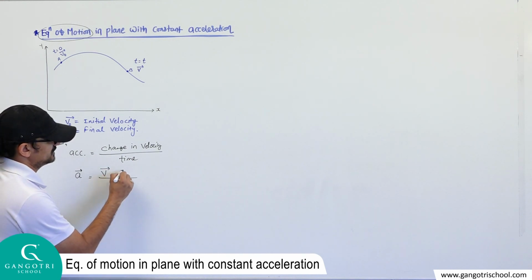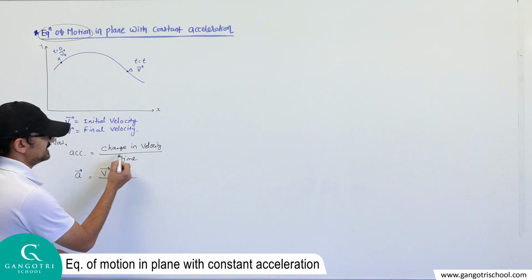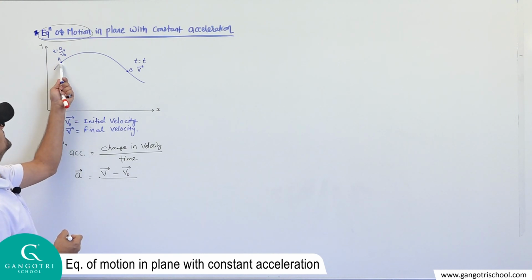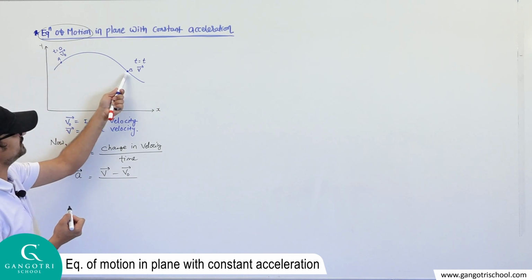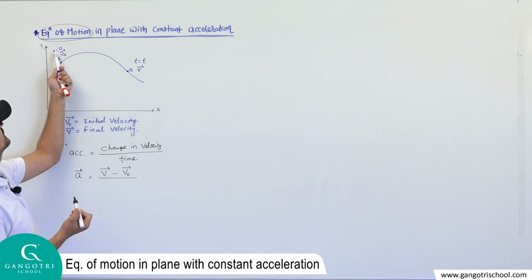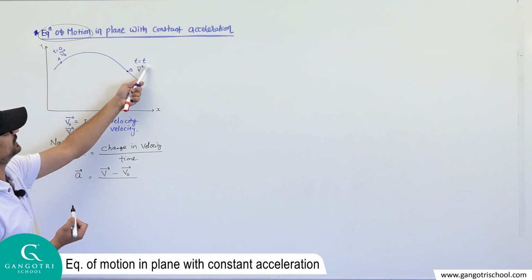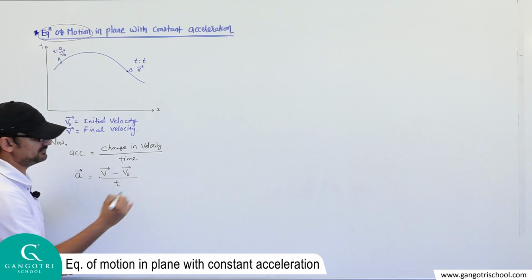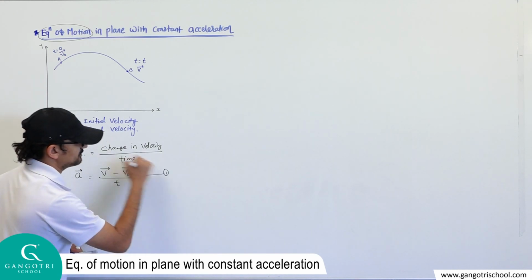Final velocity is v minus initial velocity v0 gives us the change in velocity, and in the denominator there is the time interval. Look at the diagram: the object is at point A. Tell me how much time it will take to reach from A to B. We can say easily that at time t equals 0 the object is at point A, and at time t equals t the object is at point B. So it will take time t to reach from A to B. Let's call it equation number 1.